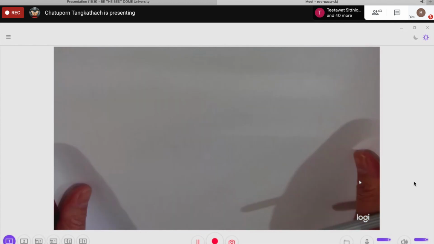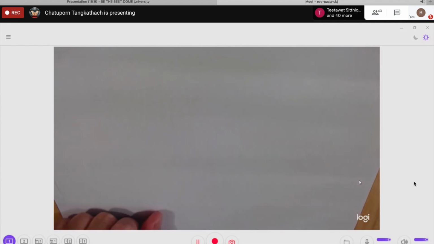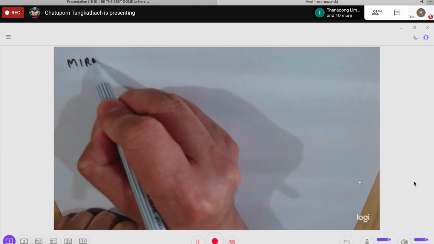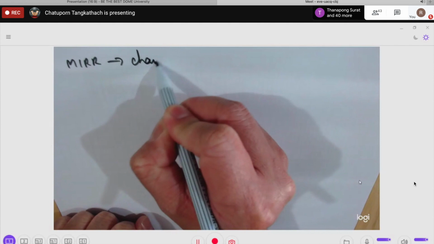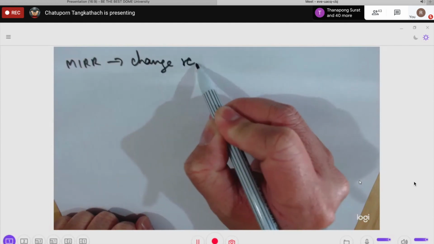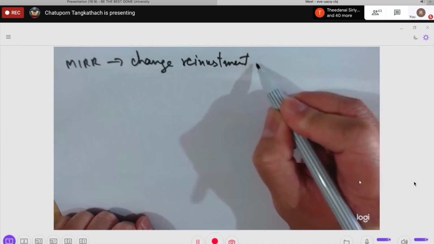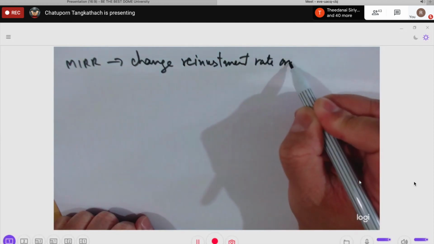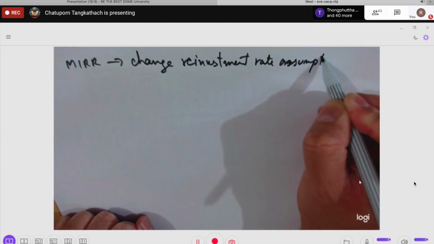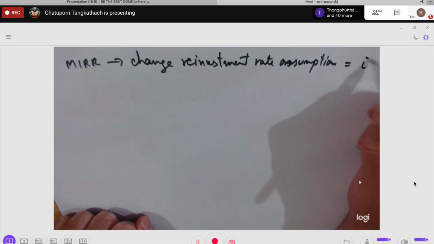This concept leads us to the investment criterion called MIRR. What does MIRR mean? The one thing that differs from IRR is that in MIRR we change the reinvestment rate assumption, to be exact, to equal the required return.